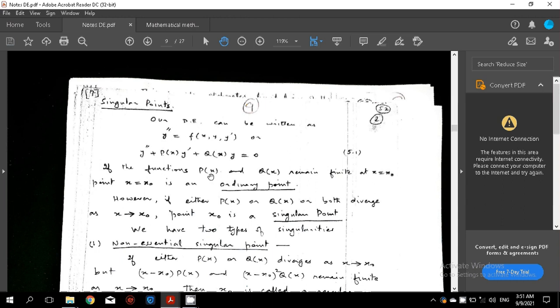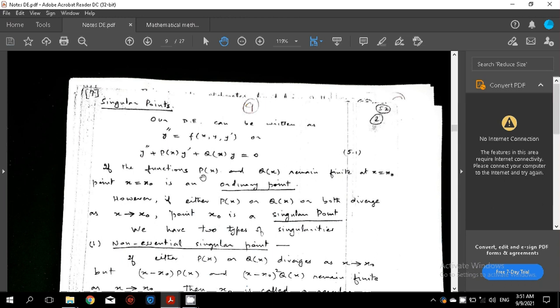If the functions, the polynomials p(x) and q(x), remain finite at a particular value of x equal to x naught, and this x naught is the point of expansion, then x equal to x naught will be an ordinary point.